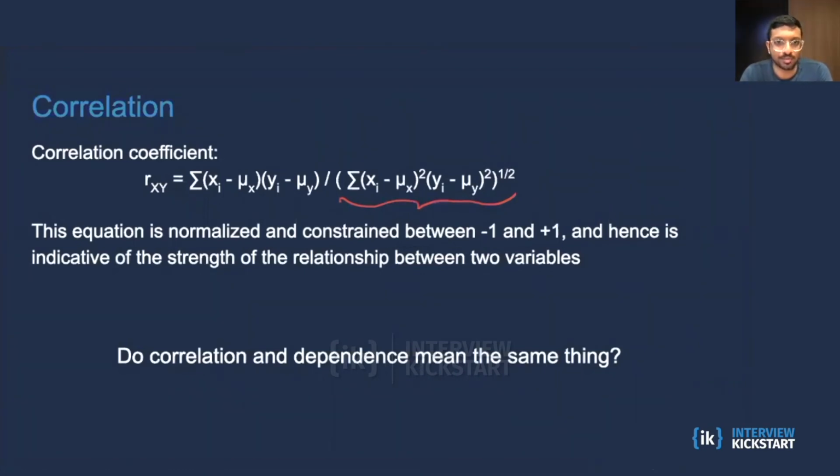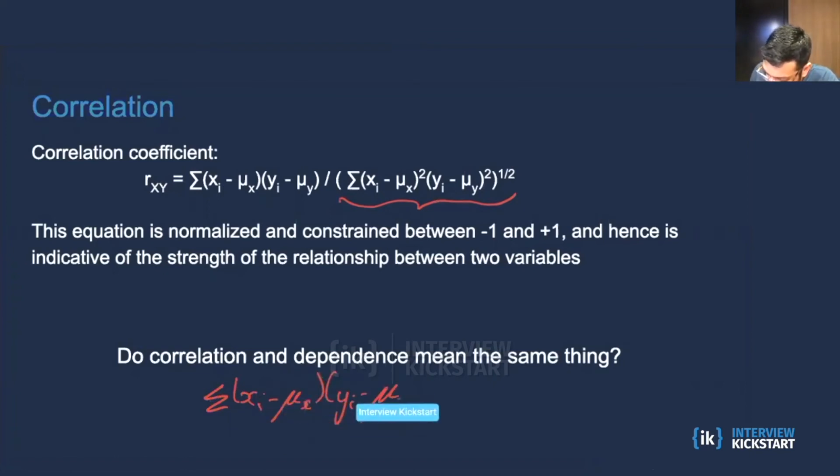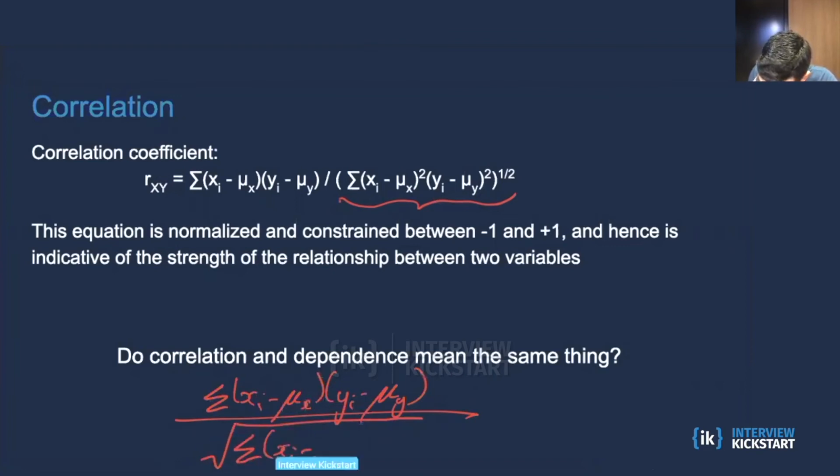So in our numerator, we have the quantity sum of (xi minus mu x)(yi minus mu y), and then this is divided by the square root of sum of (xi minus mu x) squared times sum of (yi minus mu y) squared. So this is how we can go about computing our correlation coefficient.